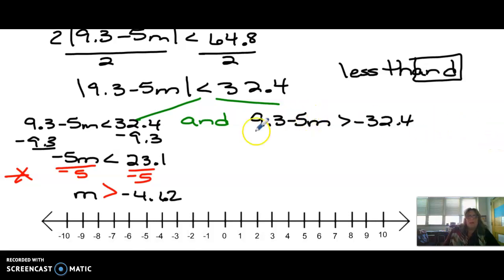Okay? Up here, I'm going to subtract 9.3 from both sides. So negative 32.4 minus 9.3 gives me a negative 41.